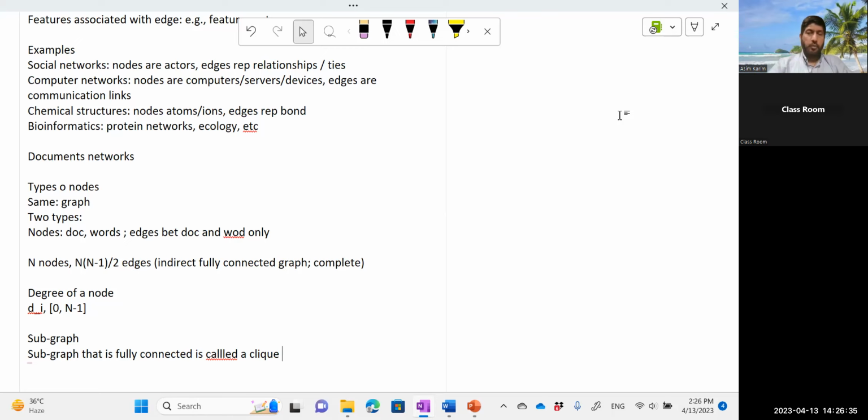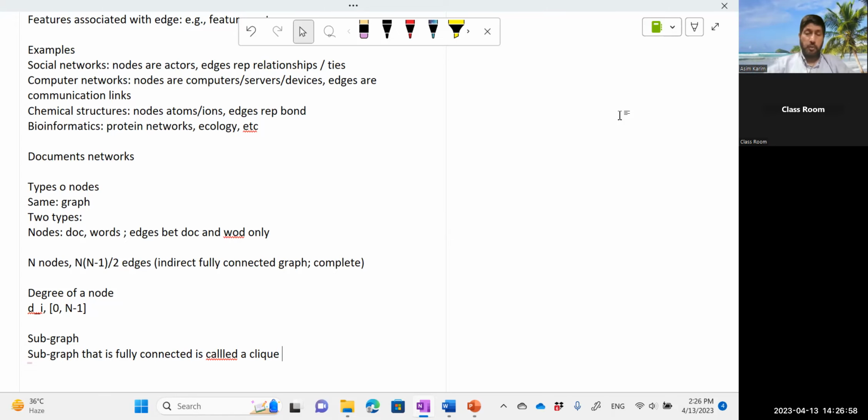Fully connected portions of a graph are of interest in many applications. In the case of social networks, they may represent a group of people forming a community. They communicate with each other frequently, so they're connected to everyone else in that community.